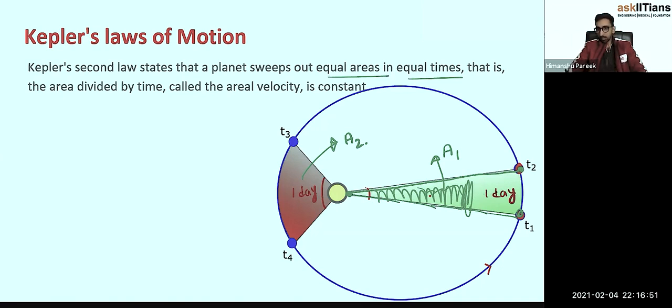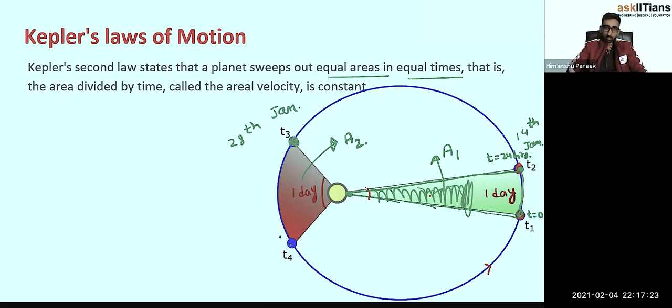So if I assume it's, let's say, 14th of January, it started from here, t equal to 0, and t equal to 24 hours means one day is over. So 14th January is done. Now let's say we take some other day, let's say 28th January. On 28th January, the planet is here.